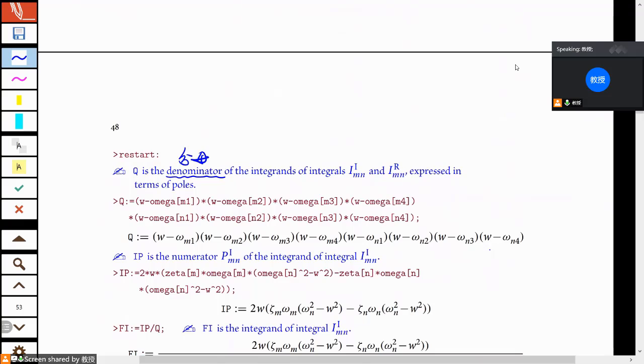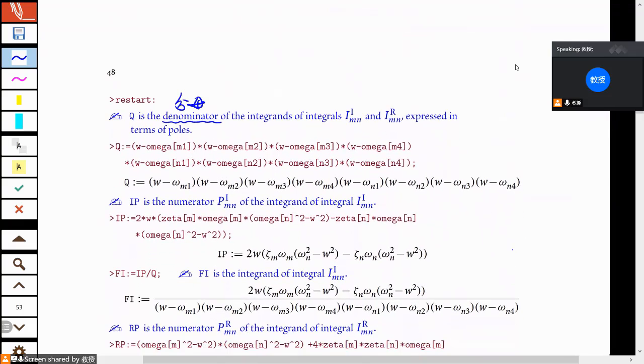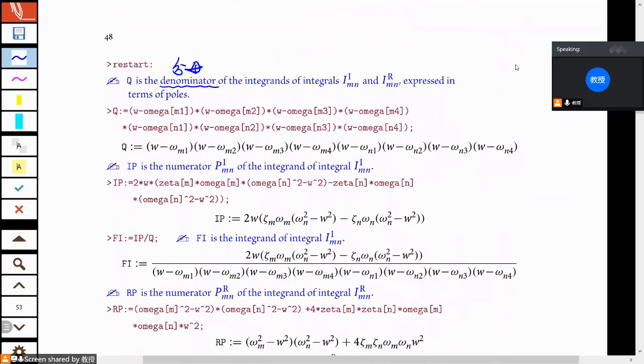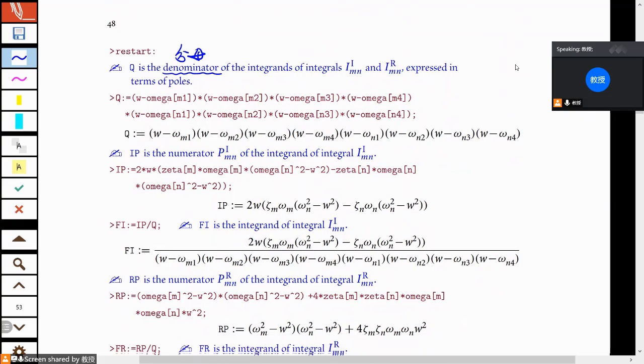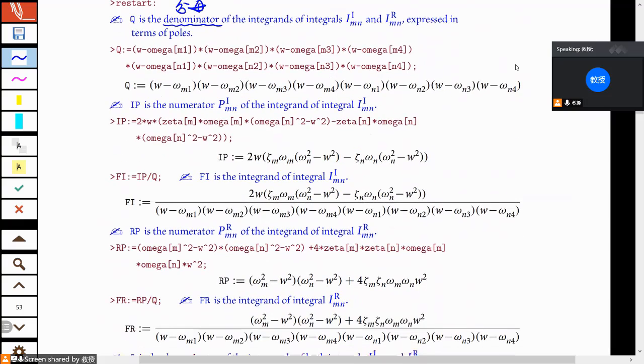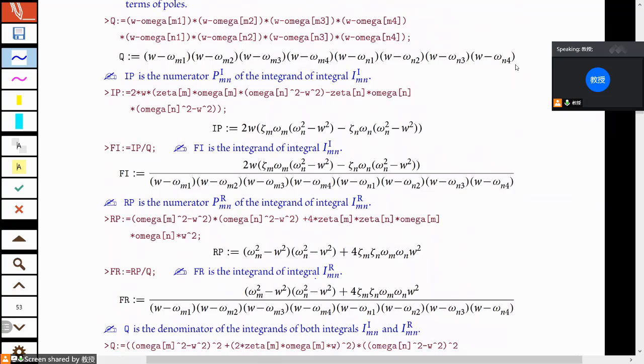P is the numerator, and then Fi is the integrand of the integral for the imaginary part, and Fr is the integrand for the real part.